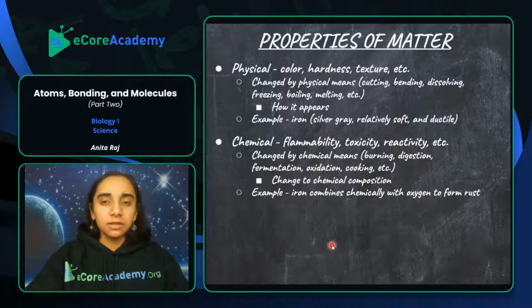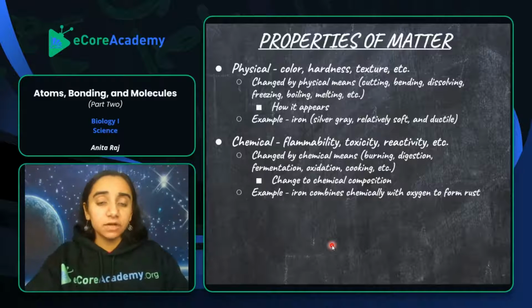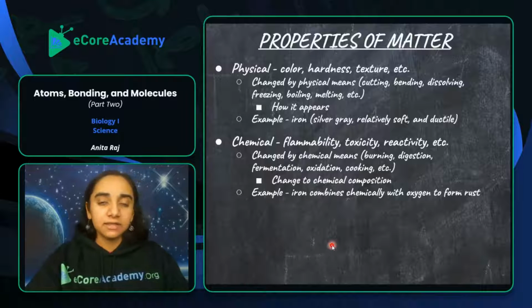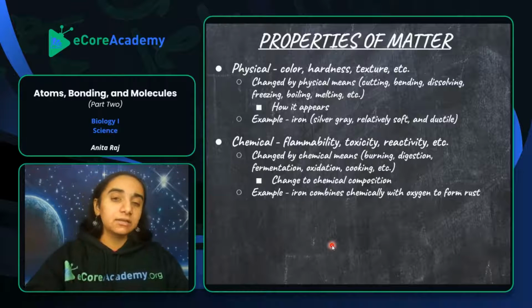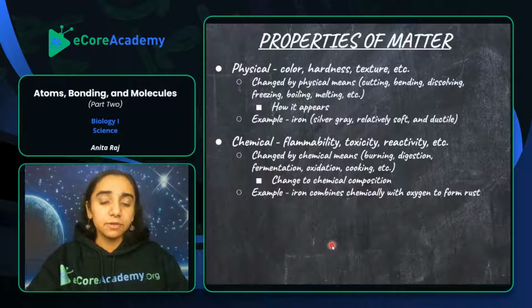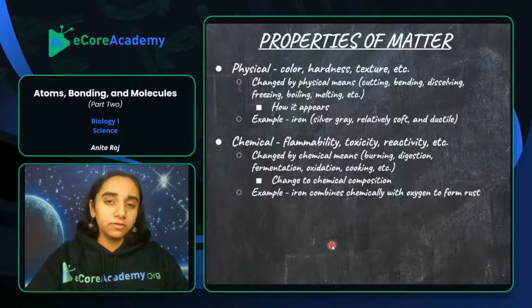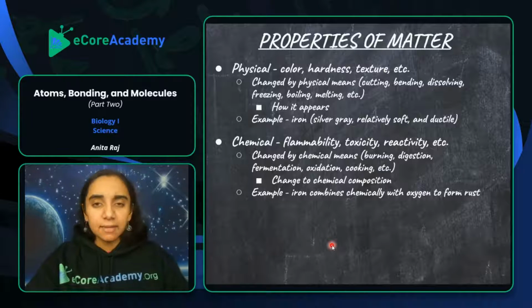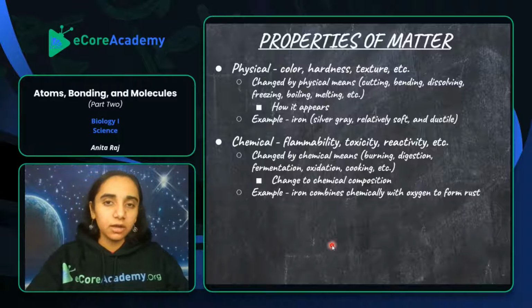Toxicity mainly looks at the chemical composition of a substance, and depending on the way that atoms are bonded in that substance, that can determine how toxic the substance is. For example, carbon monoxide. You all have heard of that. That is a very toxic gas. So toxicity is an example of a chemical property of carbon monoxide.